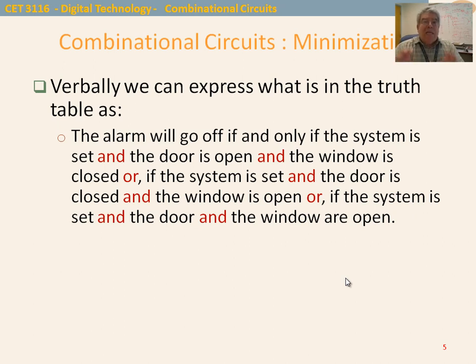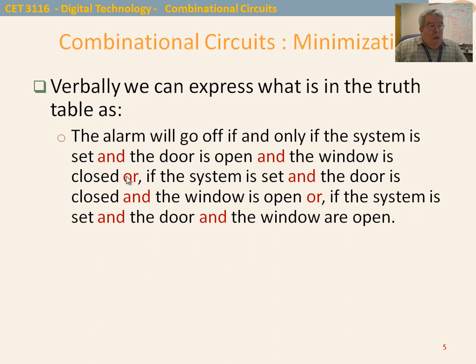That's exactly the content of the truth table in words. So the alarm will be 1 only in the case in which you have these conditions. For the zeros, I don't worry. The rest of the truth table, for which the values are not 1, are going to be 0.